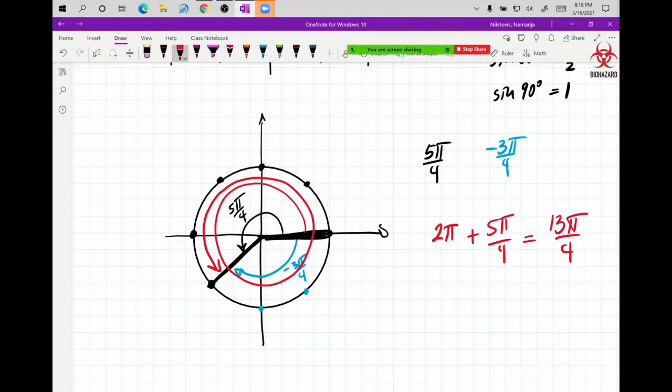So, wow, 13 pi over 4, and then plus 2 pi, I can go again, another 8, 21 pi over 4, 29 pi over 4. I can keep going, right?